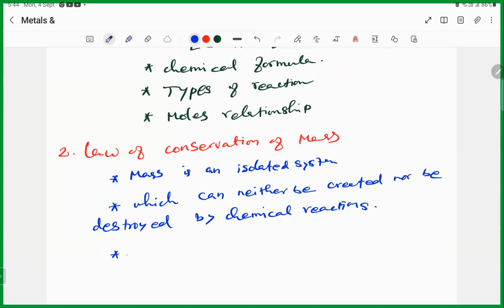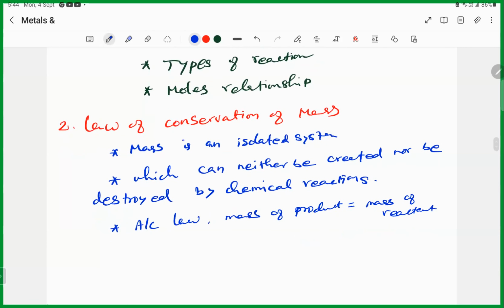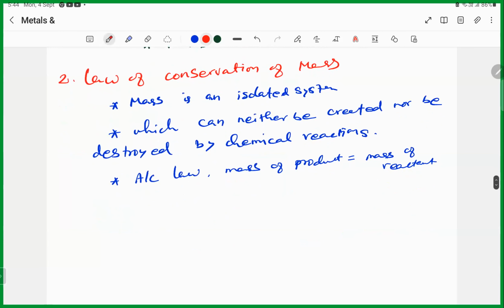And then, according to the law of conservation of mass, the mass of product in chemical reaction is equal to mass of reactant. So this will be the law of conservation. We should mention this kind of information.